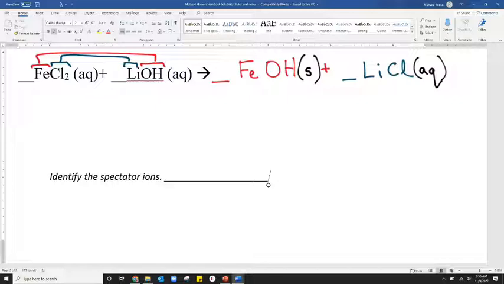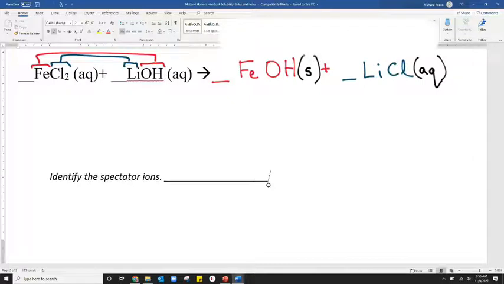Once we know a reaction occurs, the next thing we have to do is make sure that our individual compounds have charges that add up to 0. So we may have to use some subscripts to do that. So for example, iron, in this case, iron has a positive 2 charge. I know that because the left-hand side has FeCl2. And then hydroxide is a polyatomic ion. What is the charge of the polyatomic ion hydroxide?